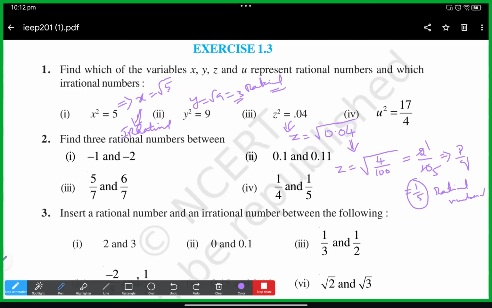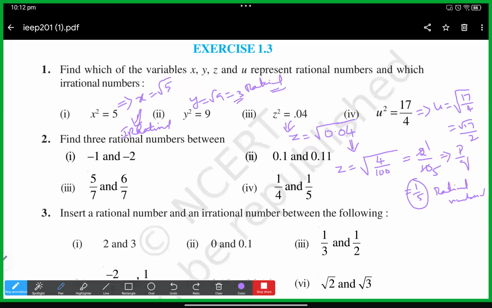Then u is equal to square root of 17 by 4, which is root 17 by root 4, that is 2. So the numerator is irrational while the denominator is rational.